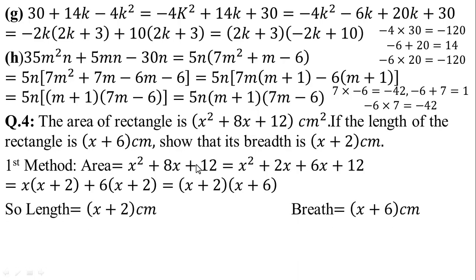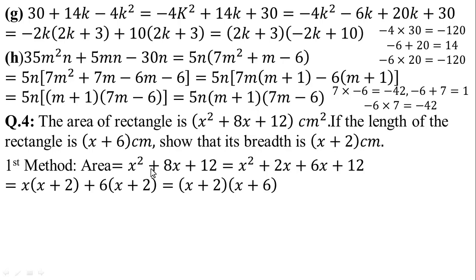Then we write x² plus 2x plus 6x plus 12. 6 2s are 12 and 6 plus 2 is 8. Now mid-term breaking of 8 into 2 parts, 2x plus 6x. Then we write x² plus 2x plus 6x plus 12.